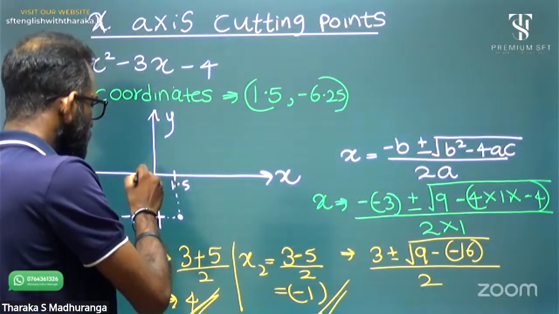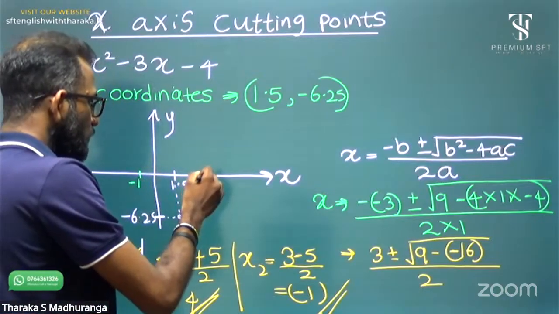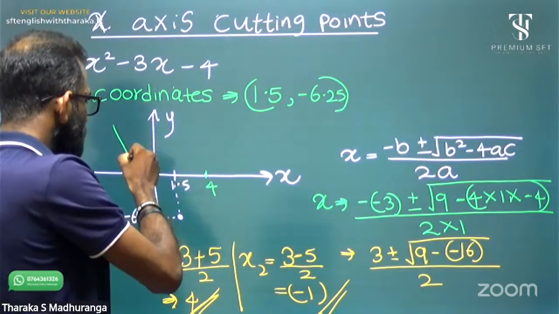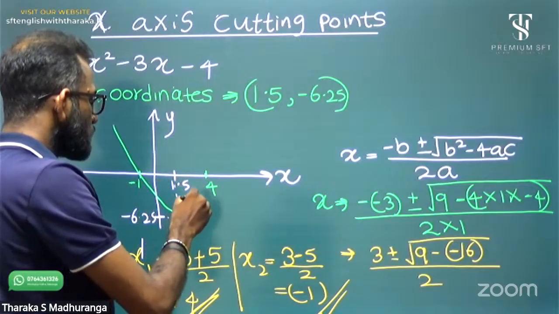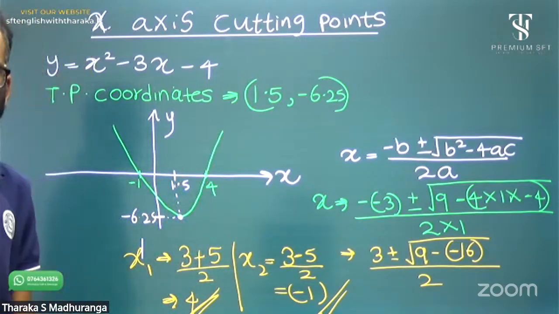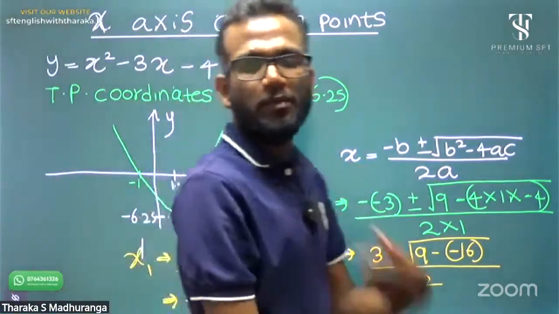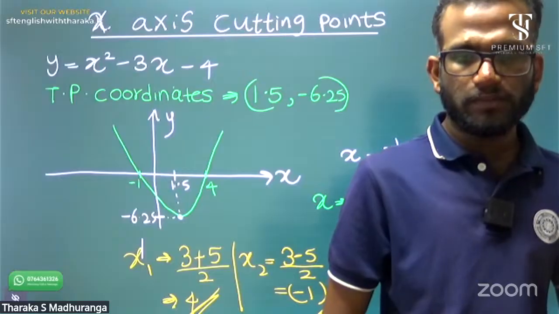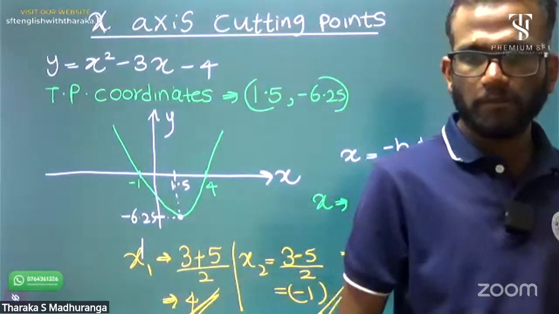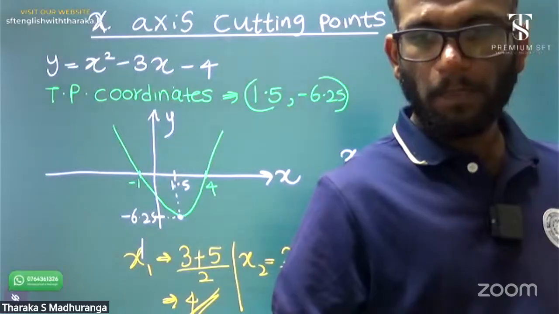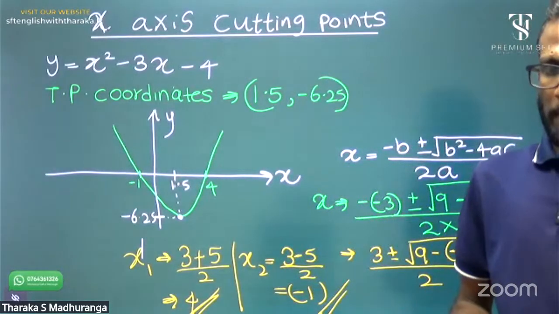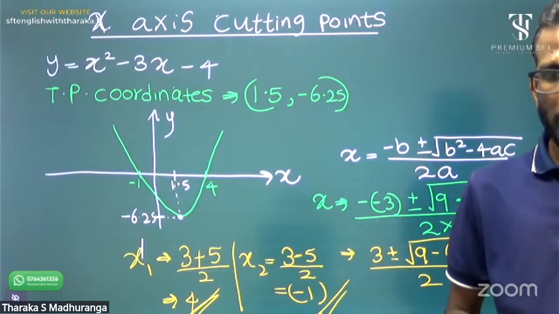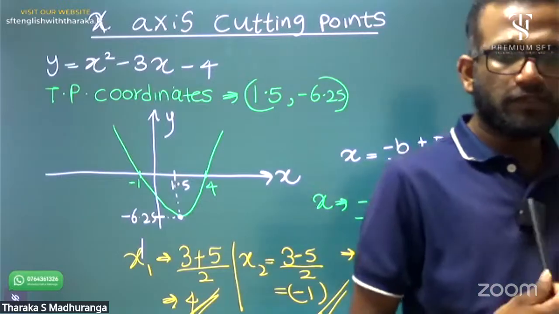This is minus 1, this is 4. Now you can draw a sketch diagram like this. This is the minimum quadratic function. Understood? Okay, clearly draw this and write it down.